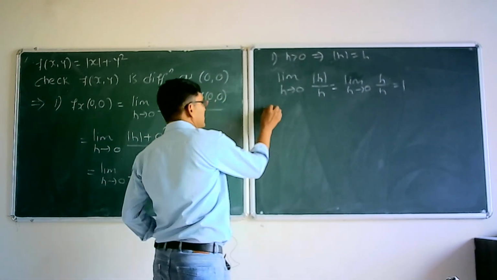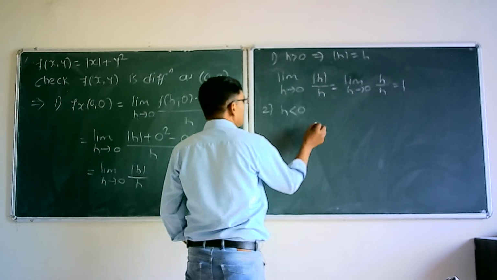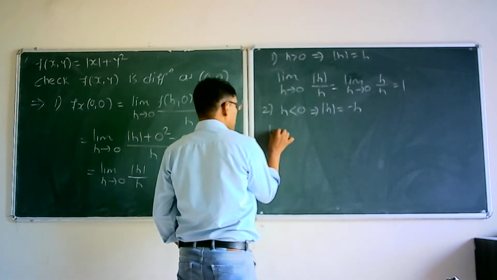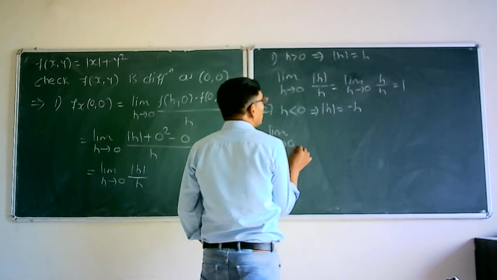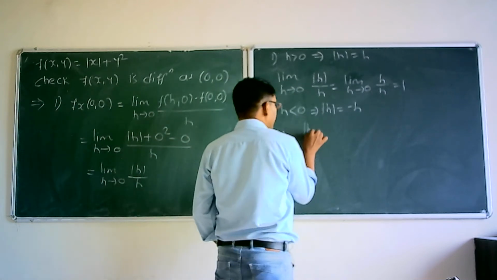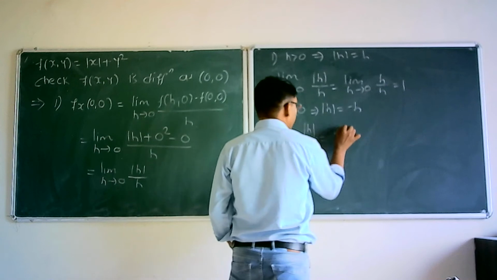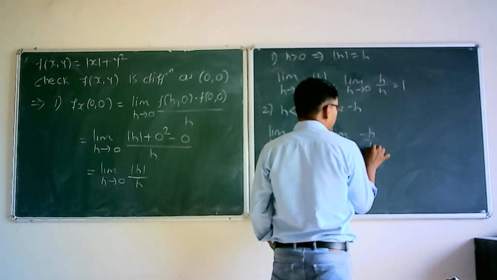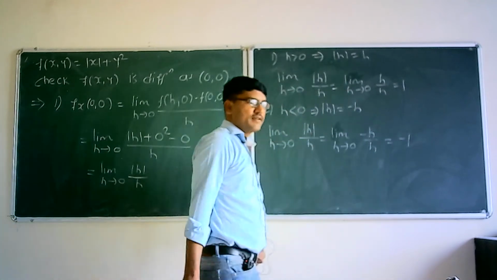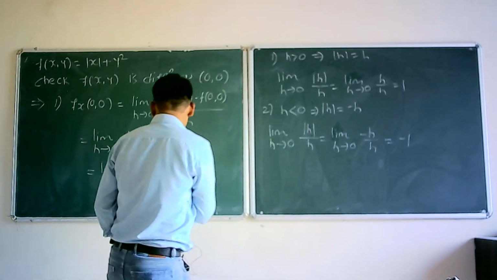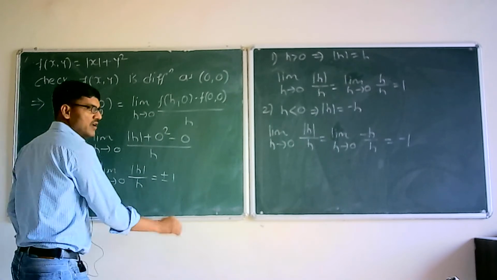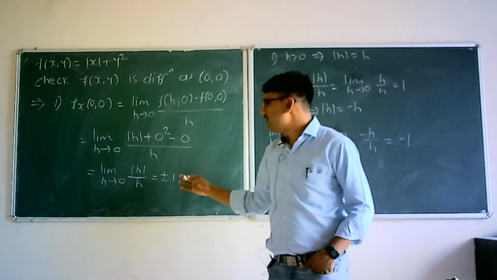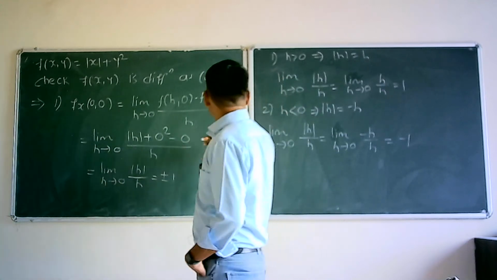And if h is less than 0, then mod of h is equal to minus h, and limit h tends to 0, minus h divided by h is equal to minus 1. So this limit is not unique, it is equal to plus or minus 1. And all of you know that if a limit exists, then it must be unique. So it has two limits, and therefore f_x(0, 0) does not exist.